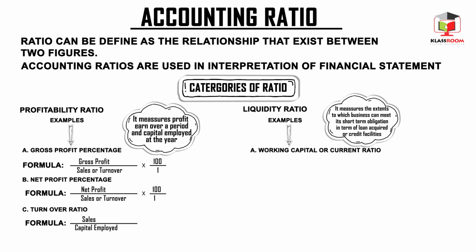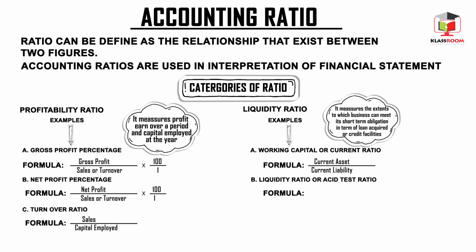1, you have the working capital or the current ratio, or we can also call it the current asset ratio. This can be obtained by dividing the current asset by the current liability. Then 2 rather, we have the liquidity ratio or the acid test ratio.